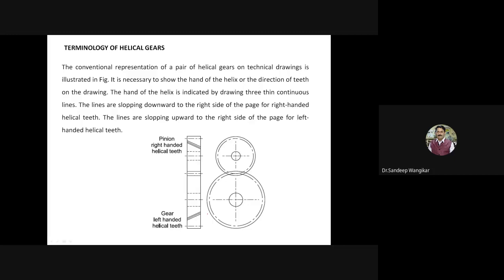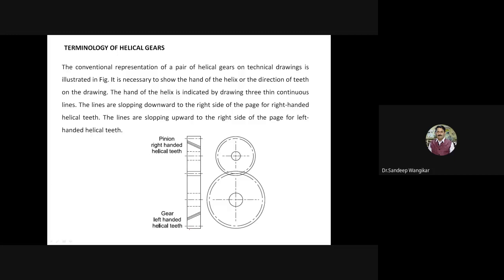So here, terminology. As we have already discussed the terminology of spur gears, there is a face width, then a module, then pitch circle diameter for pinion, pitch circle diameter for gear, number of teeth on pinion, all things are there. And all these things are expressed in terms of module. But in that case, there is no helix angle concept and the teeth are cut parallel.